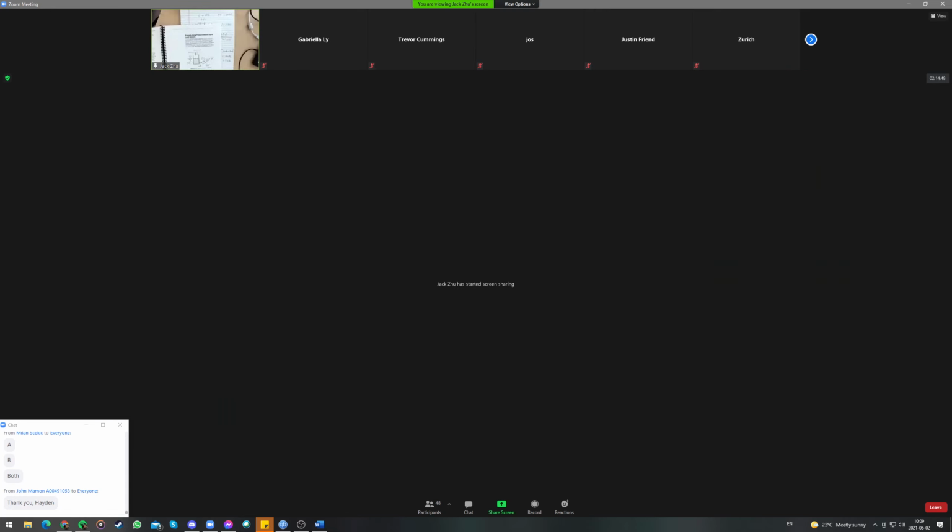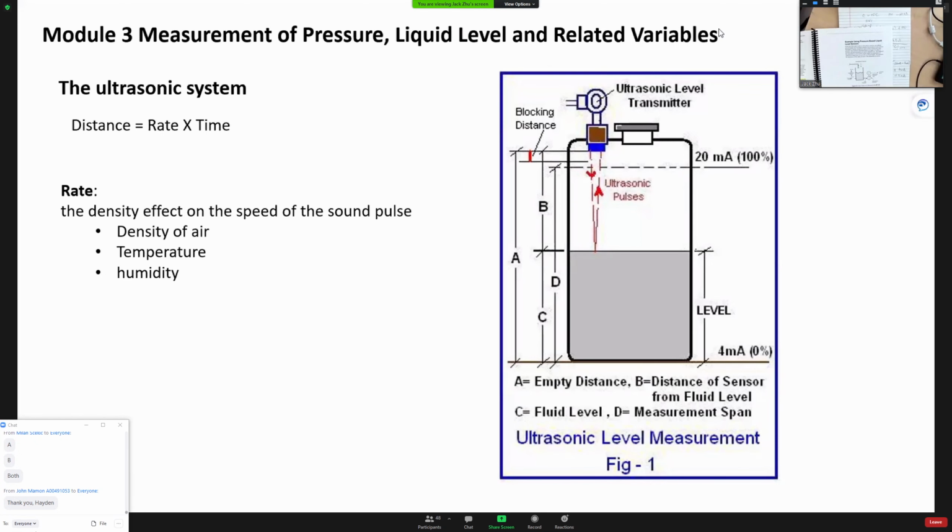So for the ultrasonic sensor, you need to understand the basics. It sends out a high frequency sound waveform, and when it reaches the target or the liquid level, it bounces back. By calculating the time between sending out and bouncing back, it can measure the distance. By measuring this distance, they know the whole tank distance, so they can display the liquid level in the tank.